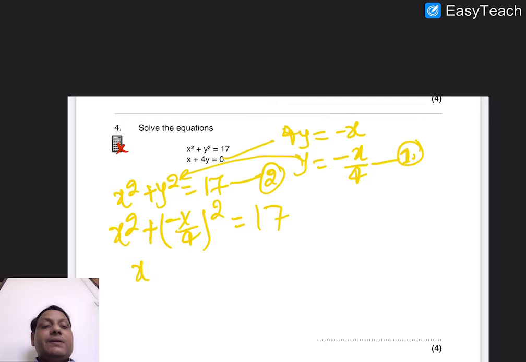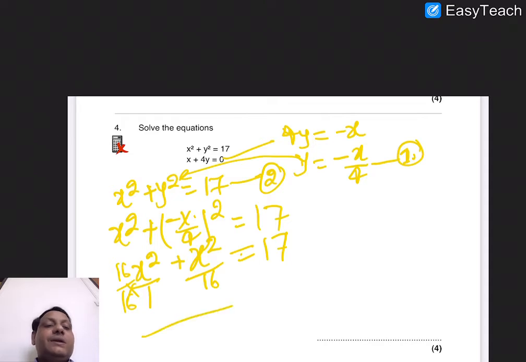So here x square plus, when you expand this, you get x square over 16 is equal to 17, right? Now make the denominator the same here, so multiply by 16. Take the LCM 16 and multiply by 1.